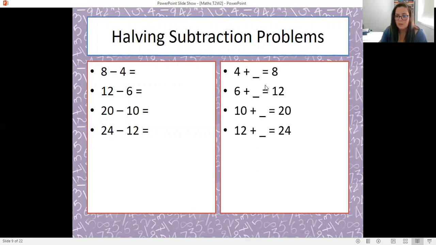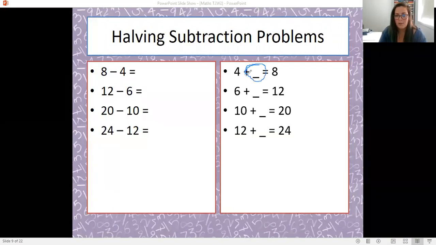On my other side of my screen, you can see that I have flipped my problem to be an addition problem. Instead of going, oh my goodness, I don't know how to take away 4 from 8, I'm going to have a look at it and go, okay, what do I need? How many more do I need from 4 to get to 8?